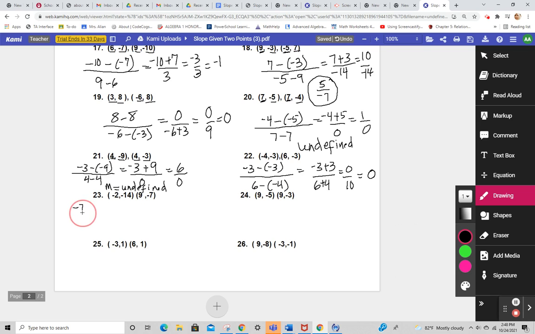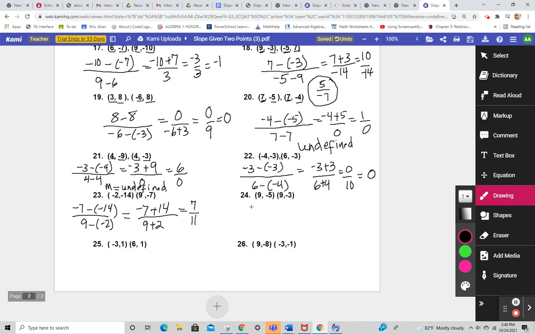Negative 7 minus negative 14 divided by 9 minus negative 2. So that gives us negative 7 plus 14 all over 9 plus 2. That's 7 over 11.